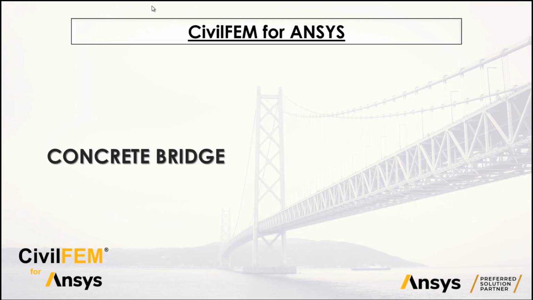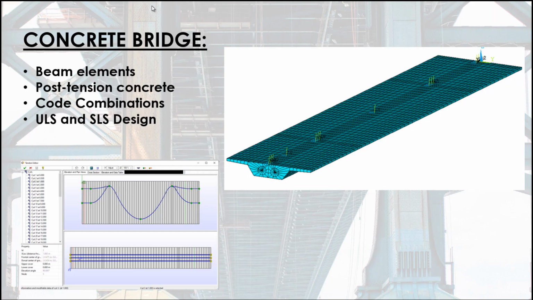Okay. Well, now the next example is a concrete bridge. In this case, we are going to see similar capabilities to the ones we have seen, but for beam elements, with an extra capability, that is post-tensioned concrete.